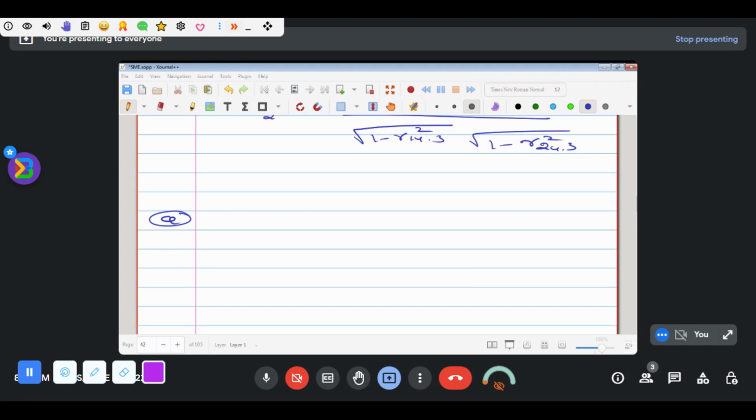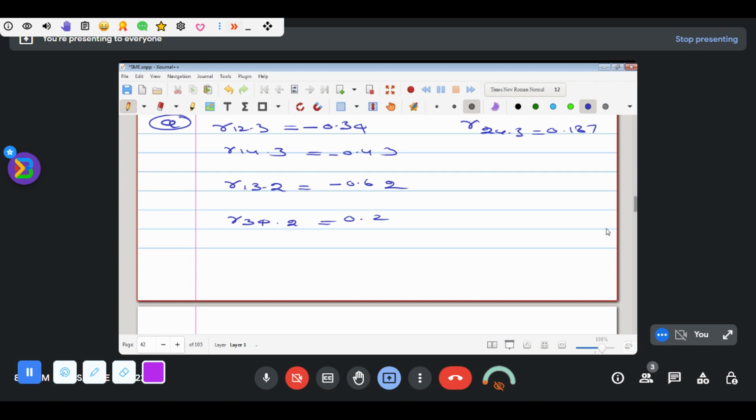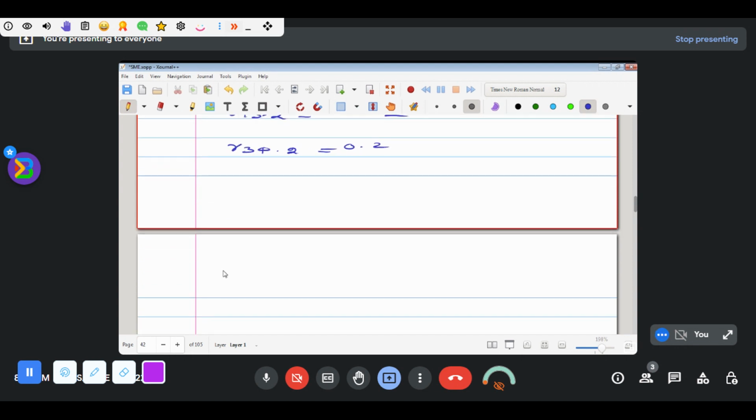Given that R12.3 equal to minus 0.34, R14.3 equal to minus 0.43, R13.2 equal to minus 0.62, R34.2 equal to 0.2, and R24.3 equal to 0.187. Then find the partial correlation.